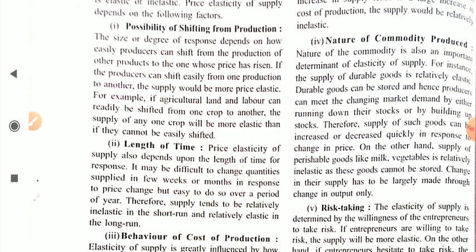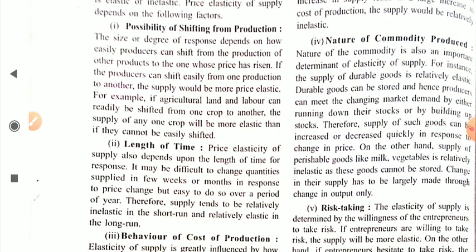So in this case the supply of durable goods is elastic. Always keep in mind, there are also perishable goods which you can use within 1 or 2 days, like milk, vegetables, etc. In case of these goods the supply is always inelastic.